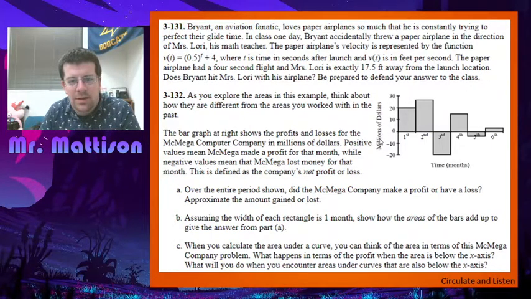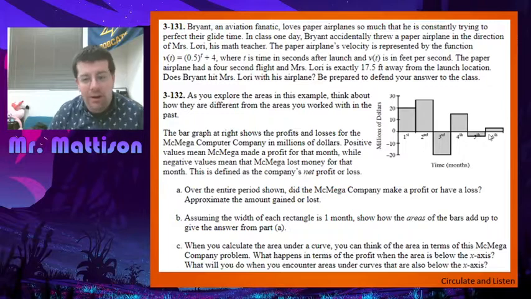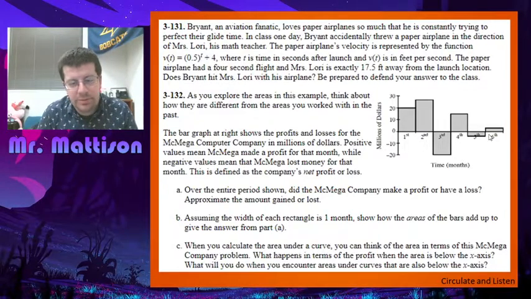So the area, if this is millions of dollars and this is time, so it's dollars per month, right? So this is going to be profitable, profitable, losing money, profitable, losing money, and profitable, right? So if I find the areas here and I add them all up, that would be my total profit over this time period.